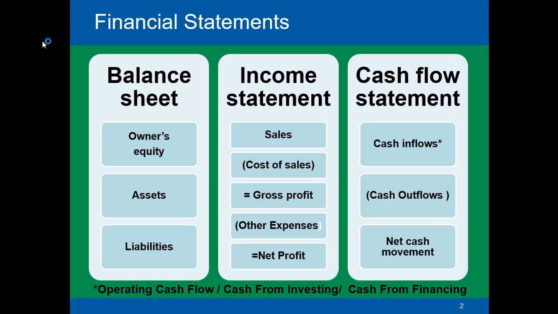The money generated by the business may not be enough. So it may take loans from the banks, or it may borrow money by raising debt through selling bonds to the public, or bringing new shareholders by selling them equity shares. So all that money which is received on account of all these activities is called cash from financing.